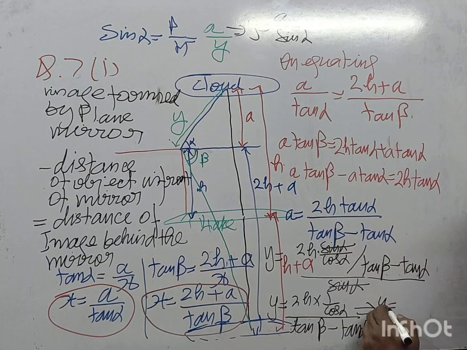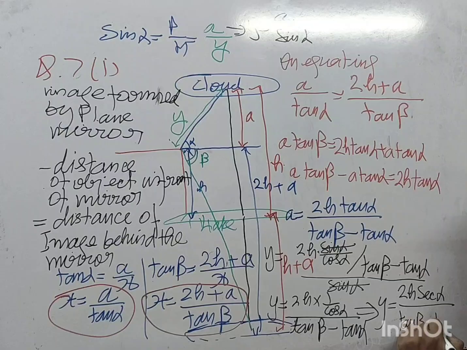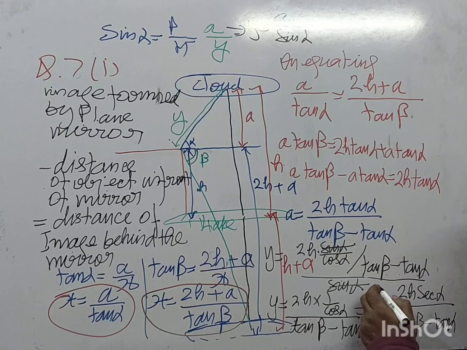So you can write 2h sec alpha upon tan beta minus tan alpha. We get it?